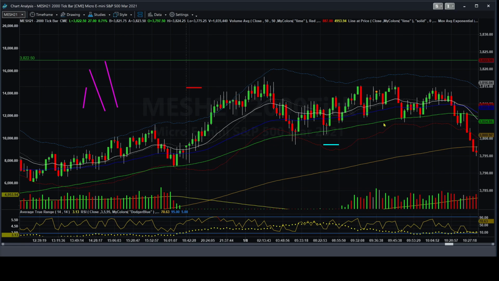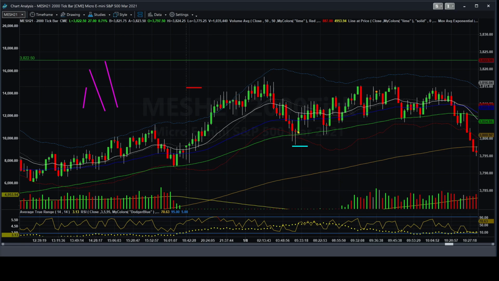moving average here, this green moving average, and here we have the Keltner channel, also this red dotted line. So we have the confluence of two things here, plus in this case this bar here, my pin bar, which is a very bullish bar.